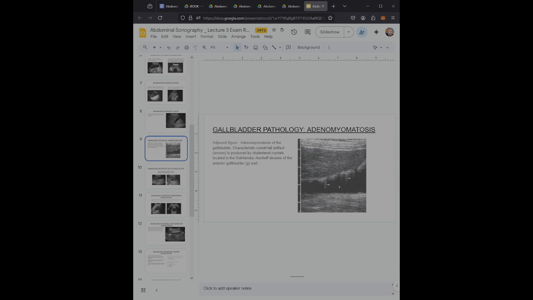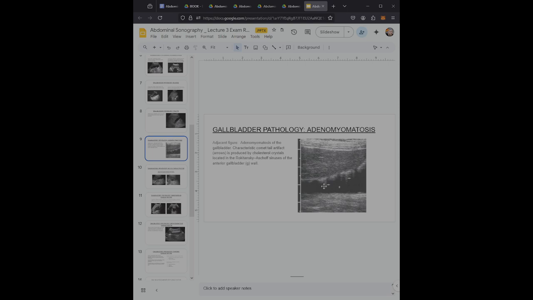The outer layer is the serosal layer. So adenomyomatosis is a condition arising from the fibromuscular layer of the gallbladder, and the diverticuli protrude through the mucosal layer into the gallbladder lumen. And the muscular layer itself becomes thickened.